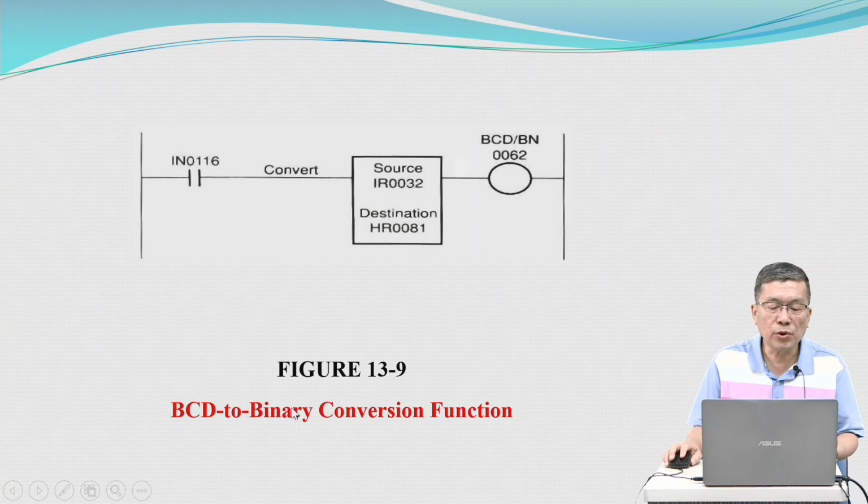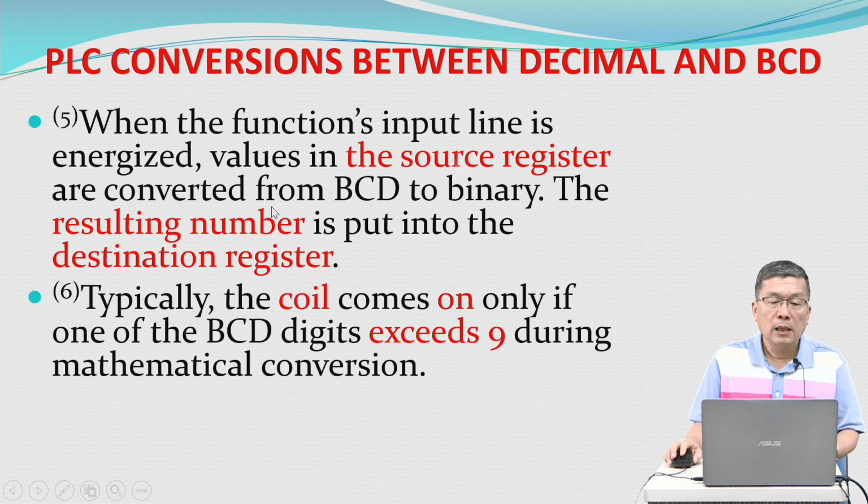This picture shows the program of the BCD to binary conversion function. When the function's input line is energized, values in the source register are converted from BCD to binary.